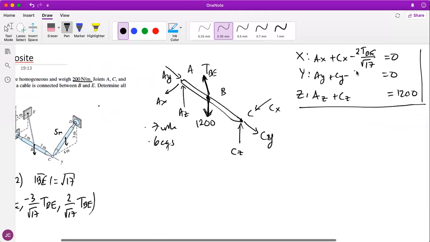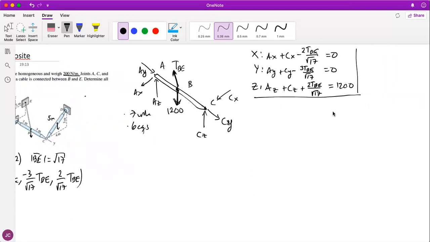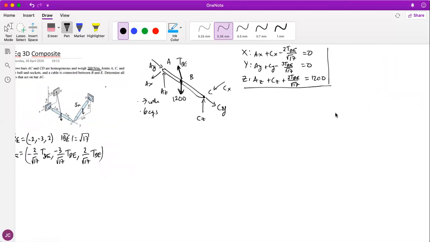So -3 TBE square root of 17, and this one was +2 TBE square root of 17. Let me check it because I have it in my notes, so I'm not wrong, because if I'm wrong, then everything is wrong. Frustration comes in, you want to do it all over, but it's not necessary.